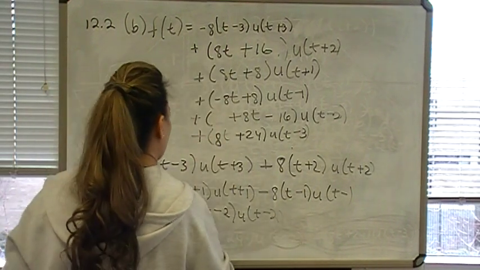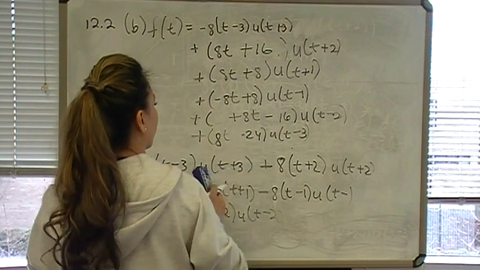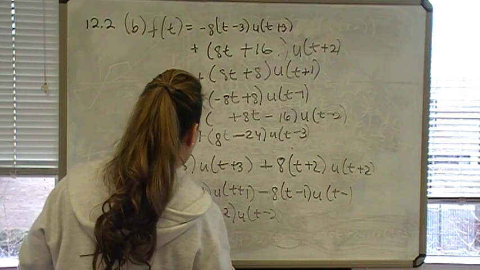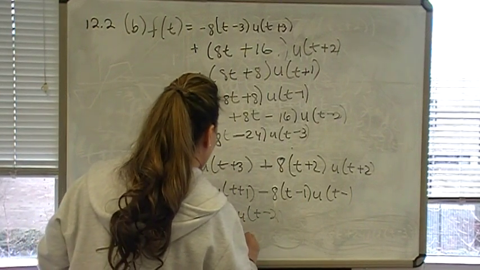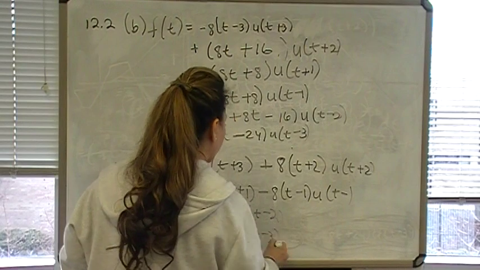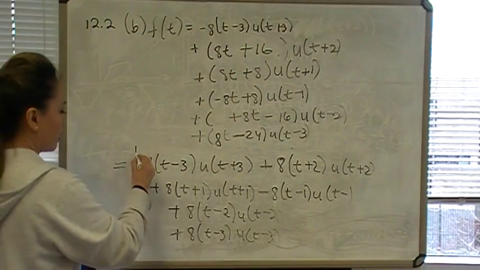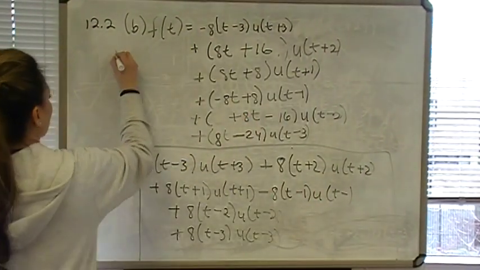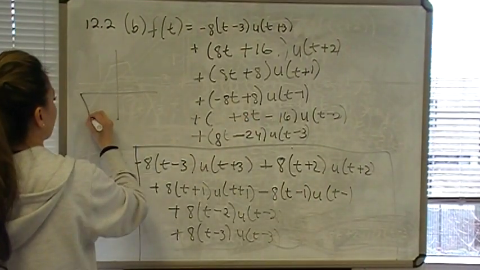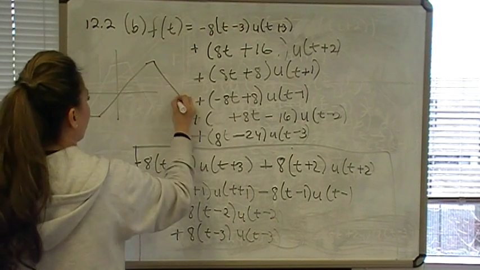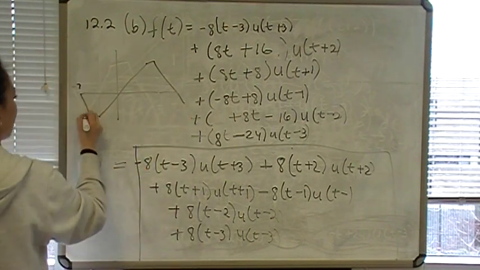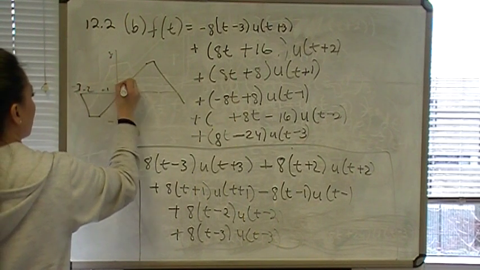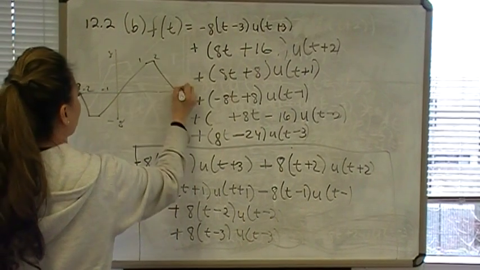And then here, the last one, and I have a sign error somewhere, and this should be minus 8 times t minus 3 u of t minus 3. And this is how you express this step function in the time domain. Okay. Negative 3, negative 8, 8, 2, negative 2, negative 1, 1, 2, 3.